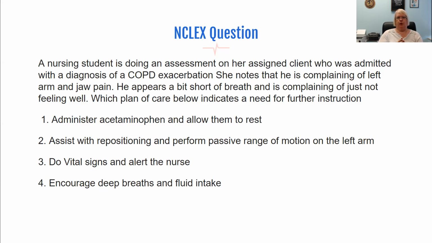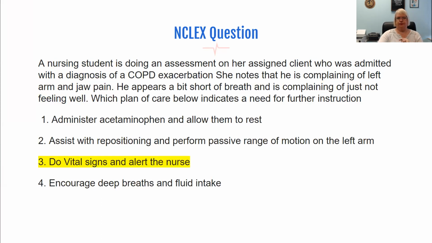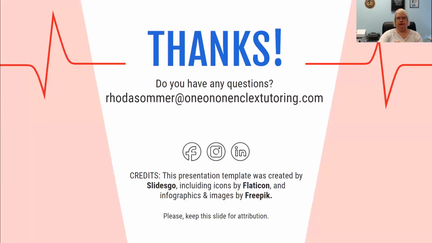So which of these four would you do for a patient that is having an MI if you are a nursing student? You have to bring that in as to who's doing the care. All right, answers. I've highlighted the most important things, which I just went through. And of course, it's do vital signs and alert the nurse.